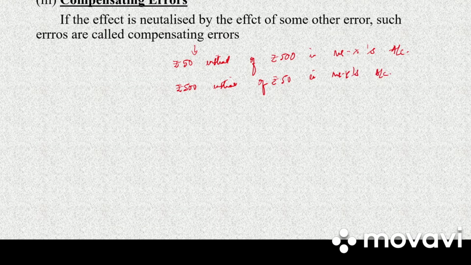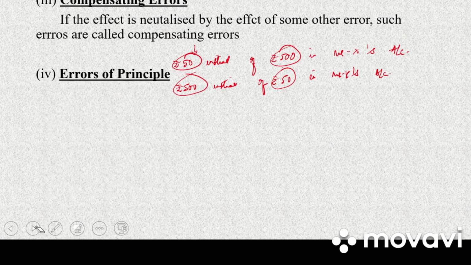So what has happened in such a case? We have done two entries and both the entries are wrong. So what happens? The effect is nullified. Instead of 50 it is 500, instead of 500 it is 50. In such a case, trial balance will tally.